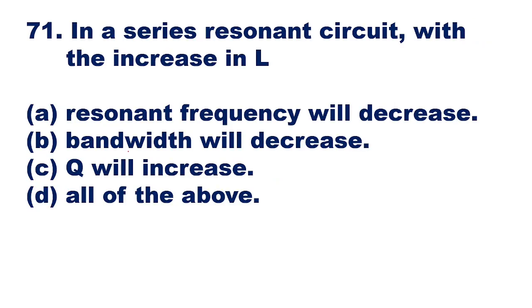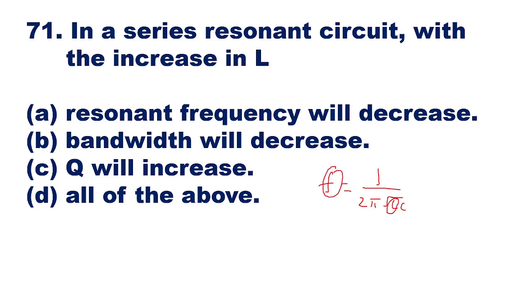In a series resonance circuit with increase in L, option A is resonant frequency will decrease, bandwidth will decrease, Q will increase, or all of the above. Resonant frequency will decrease because F is equal to 1 upon 2 pi root LC. So as L increases, the resonant frequency has to decrease.